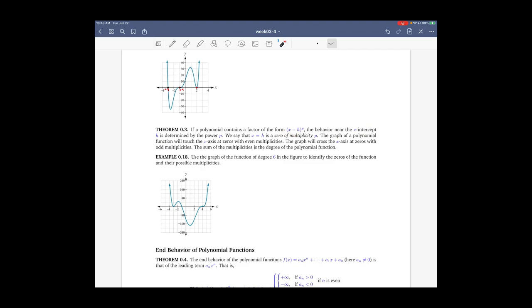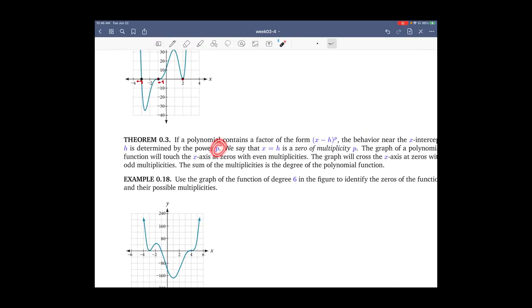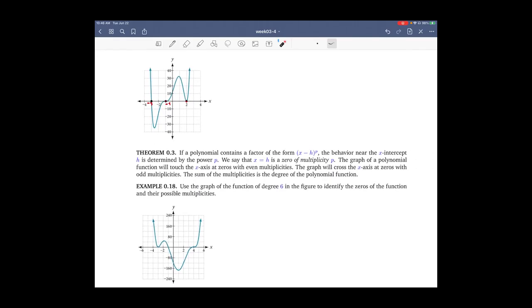The behavior near the root x equals h is determined completely by the power p. Namely, whenever p is even, we have a touching, and whenever p is odd, we have a crossing. Moreover, in either situation, we call h a zero of multiplicity p.